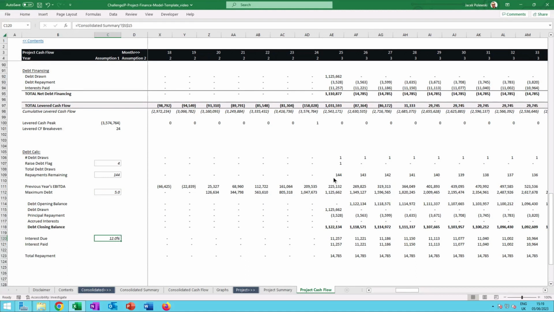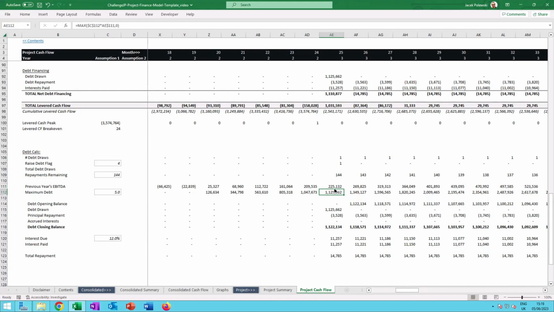Now, the basis of the model is EBITDA. So the model is assuming that there's a maximum level of debt that you can draw at any given time, which is based on the EBITDA, that earnings before interest, tax and depreciation figure that you generated in the previous year. So for example, let's look at the calculations here.